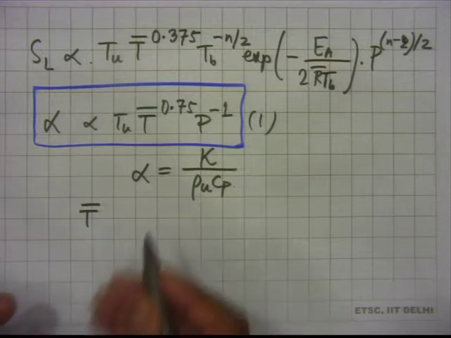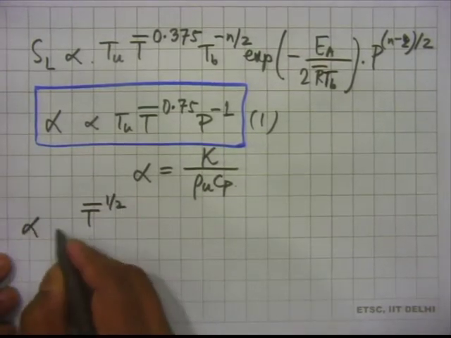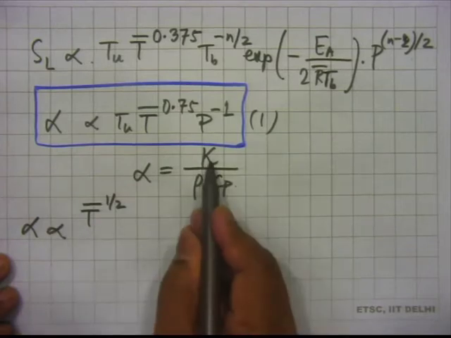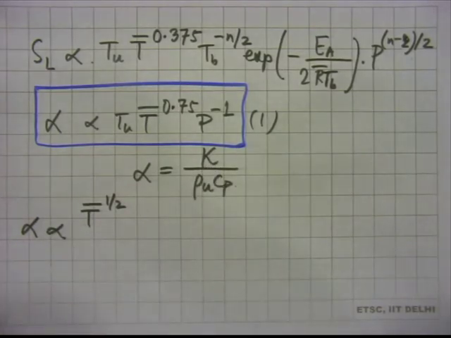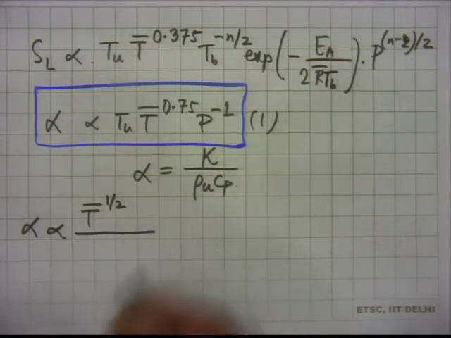So, if you take that, then alpha should be proportional to, because of this K, T bar to the power half. T bar is some appropriate temperature, it is not Tu. Okay. And for rho u, things are easier.